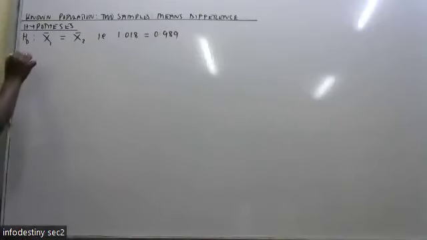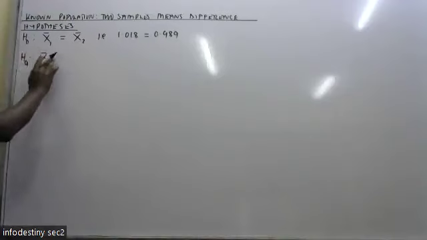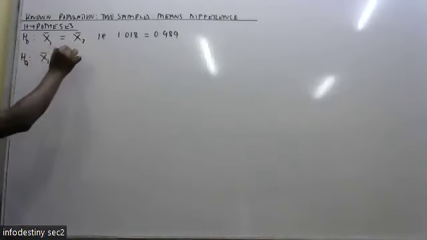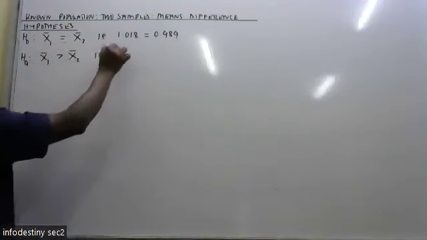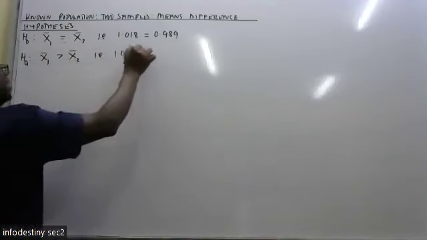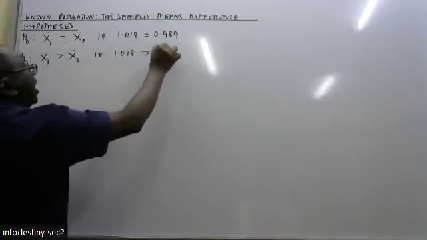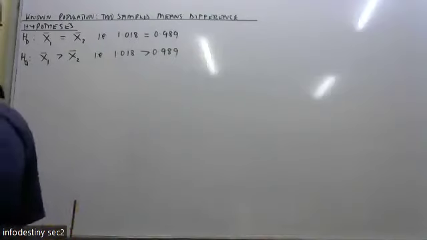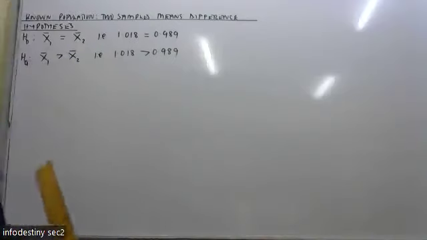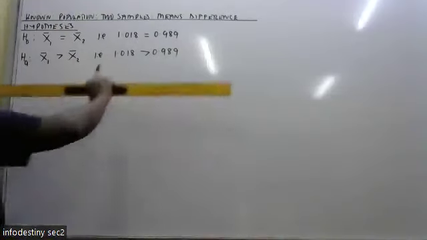So in the alternative, x bar 1 is greater than x bar 2. That is 1.018 is greater than 0.989. Is greater than. Higher.